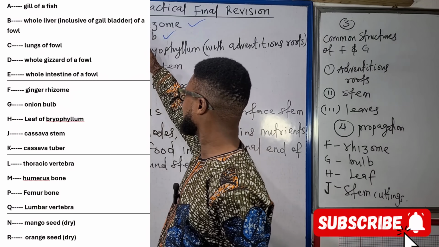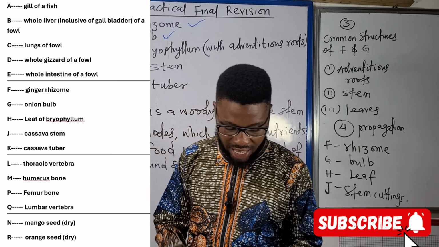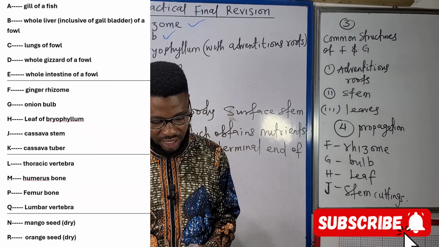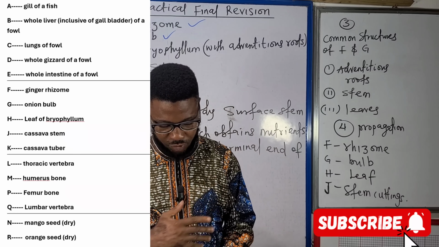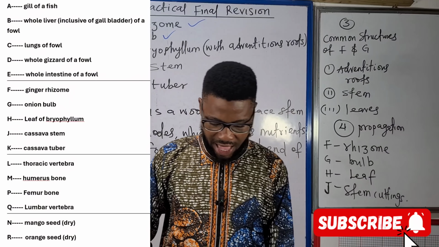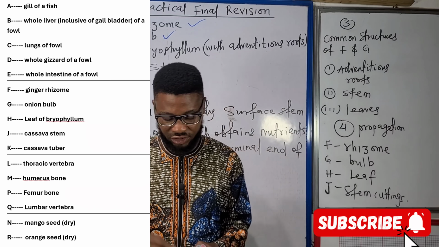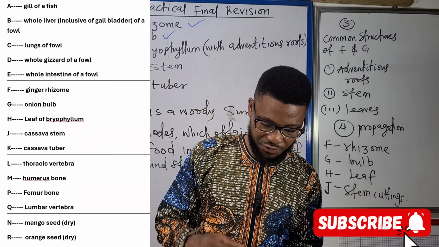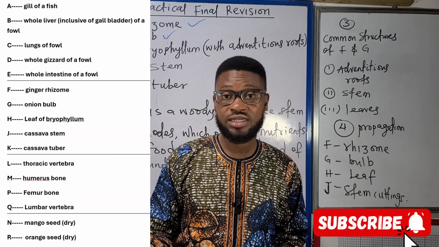Are we having any drawings here? No, I do not predict any drawings from here, but in the next set of four specimens, the thoracic vertebra, the humerus bone, the femur in the thigh, and the lumbar vertebra, we are going to be having drawings. And not to forget the last two, mango seeds and orange seeds.